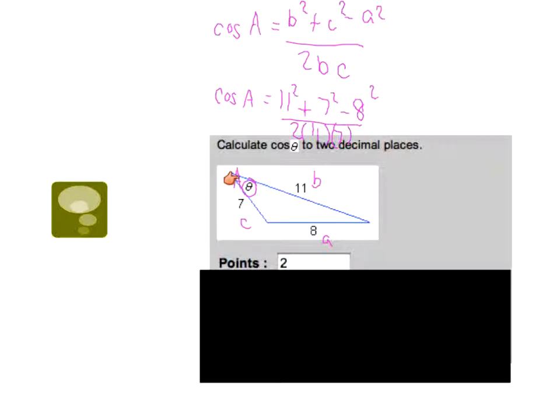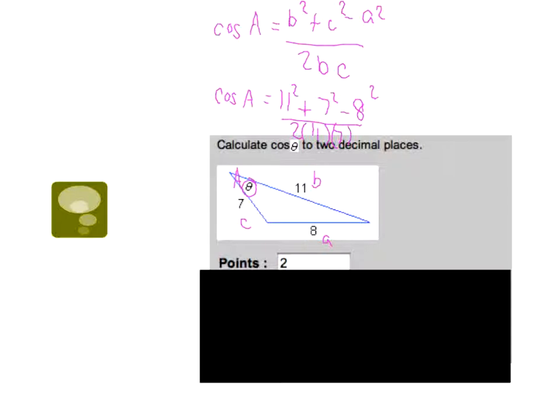So I know that I picked the right a if it's straight across from my angle. See how I know I picked the right one to say minus 8 squared. The other two doesn't matter. I could have labeled this one B and that one C. Doesn't matter. The only key one is that across from the angle you're solving, those letters match. If I use a capital A here, I have to use a lowercase a straight across.